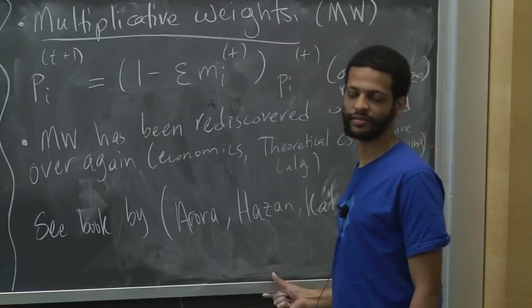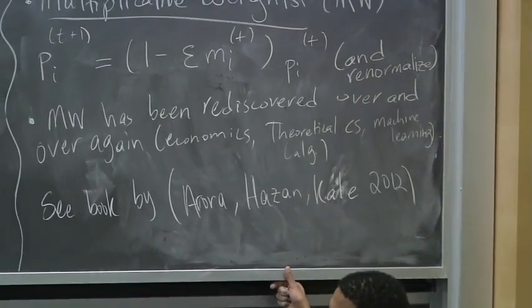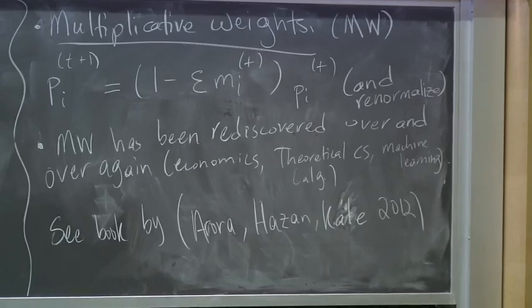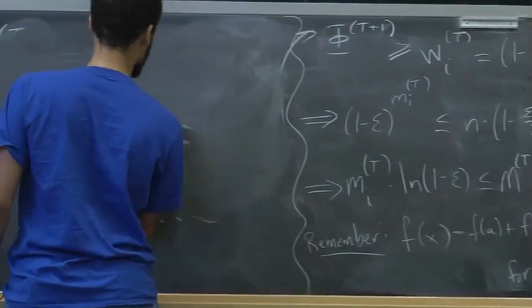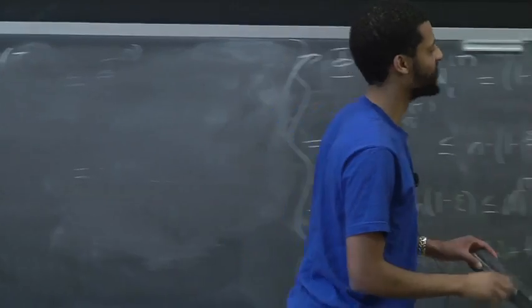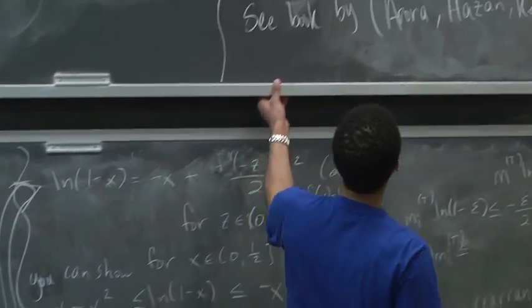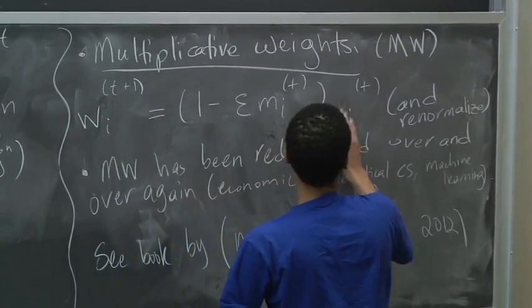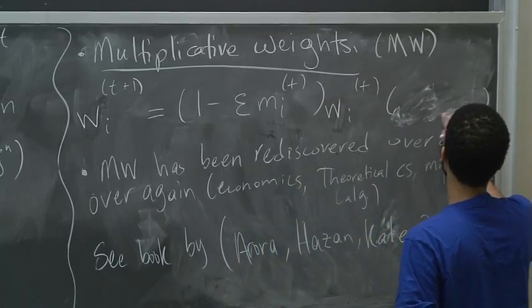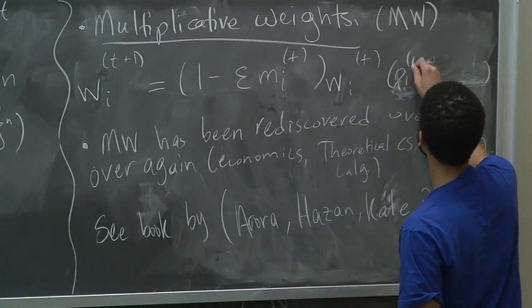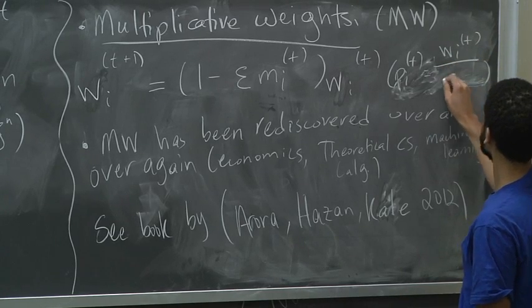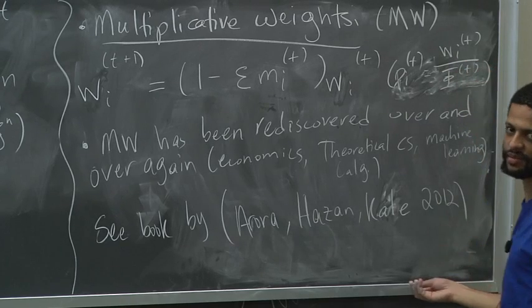Really, what I maybe should have said is, I want it to also be consistent with last time. And then I'll say pi of t is just the weight over the sum of all weights.